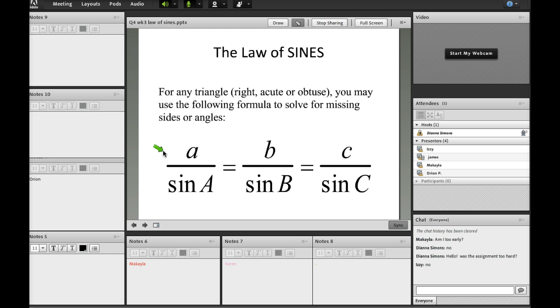All right, we use this formula when you do not have a right triangle, because when you do have a right triangle, what is the little saying that you use? Okay, write that down.